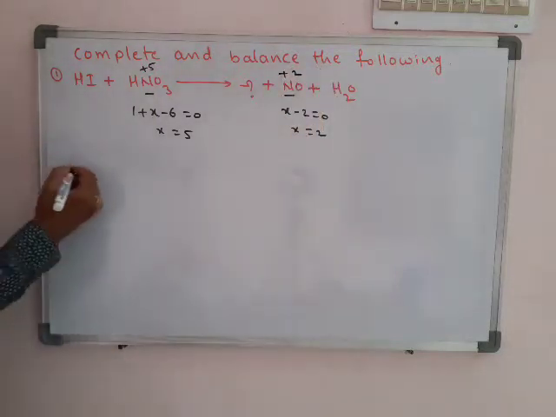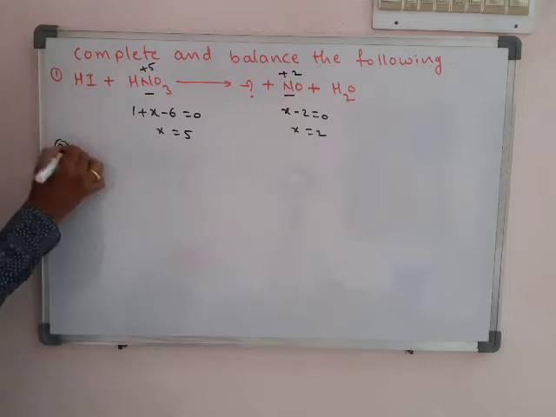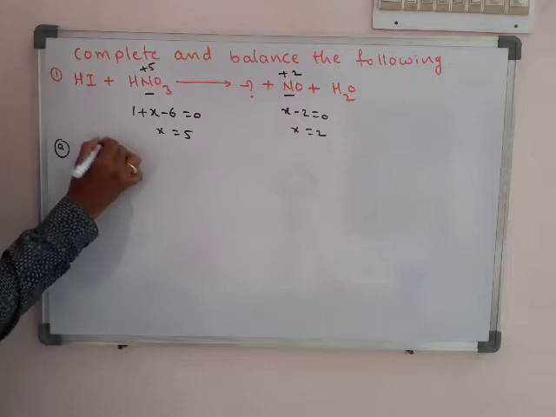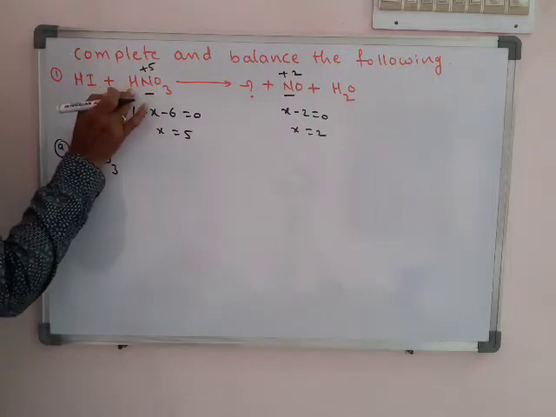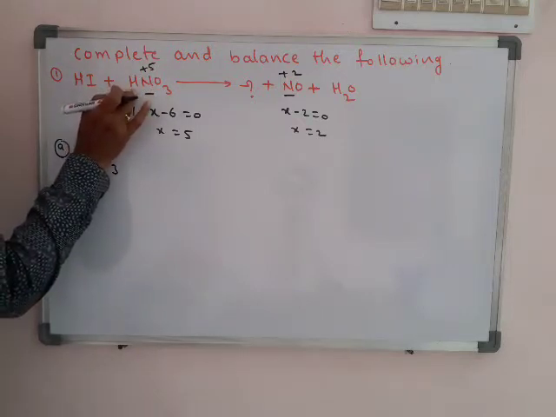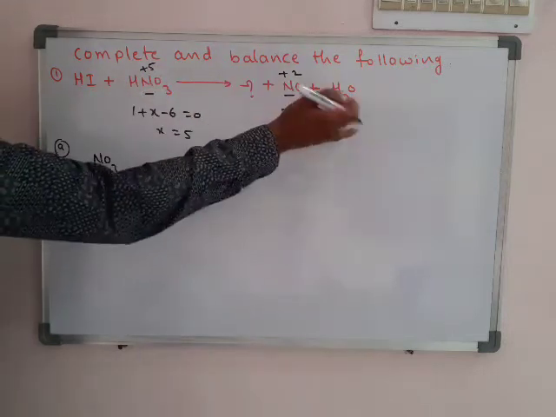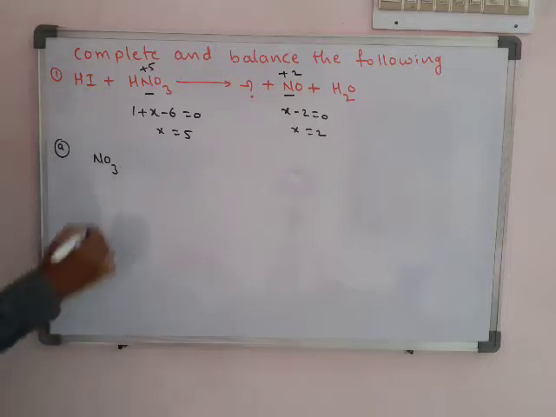As we know, first we write the half reactions. We split into ions, H plus and NO3 minus. Hydrogen as H plus, no need to mention it.